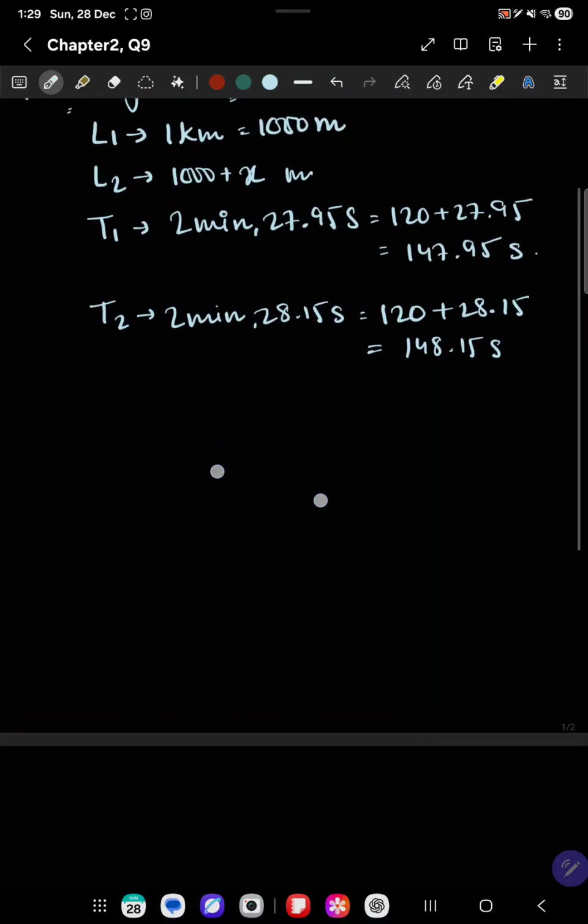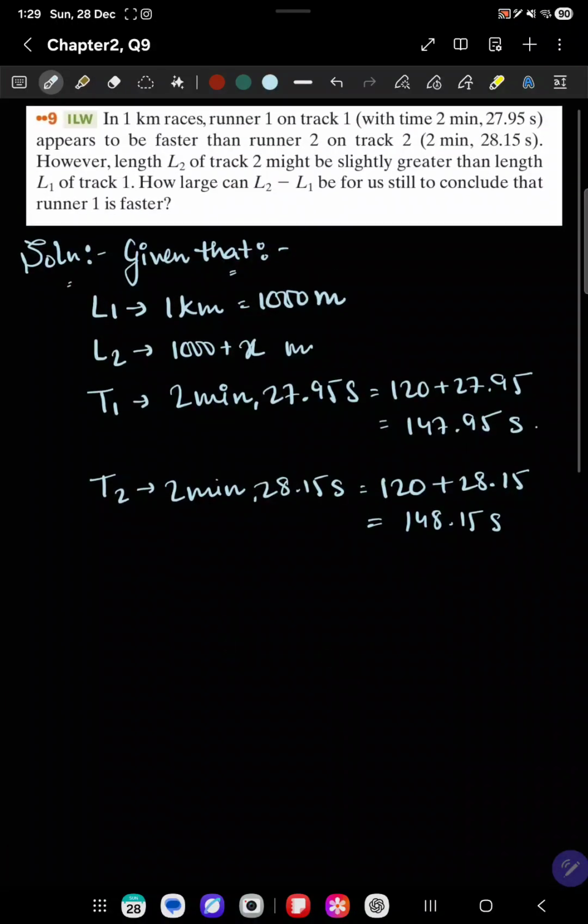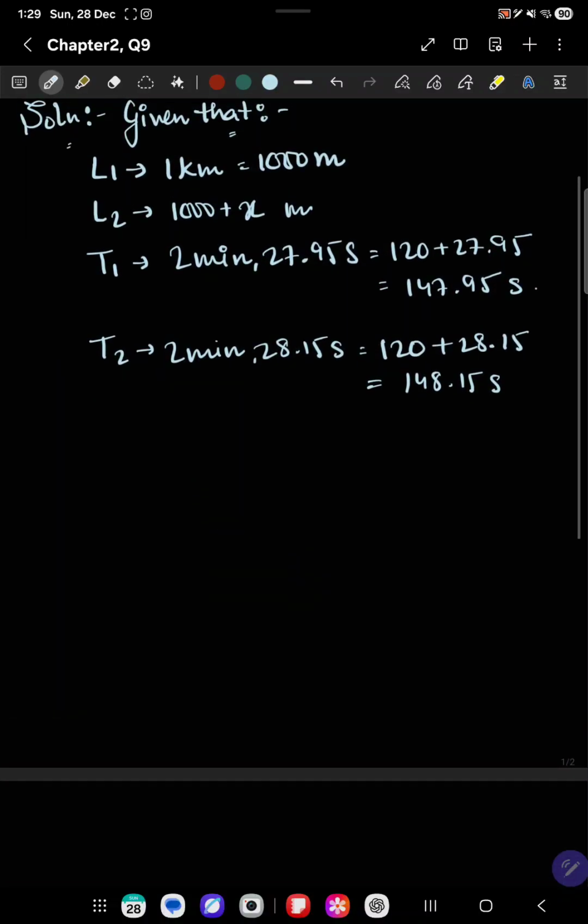Okay, so if we have to write down the speed of runner 1 and runner 2, we can directly write it as v1, which will be L1 upon t1. Similarly, I can write the speed of runner 2, which will be v2, which will give us a value of L2 upon t2, right?